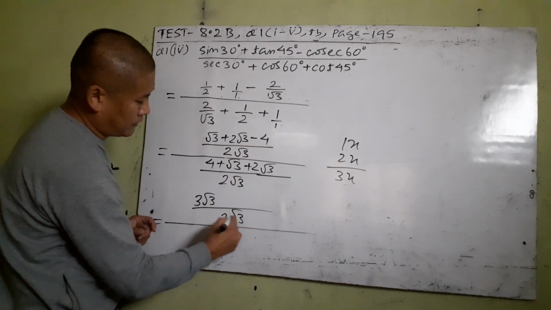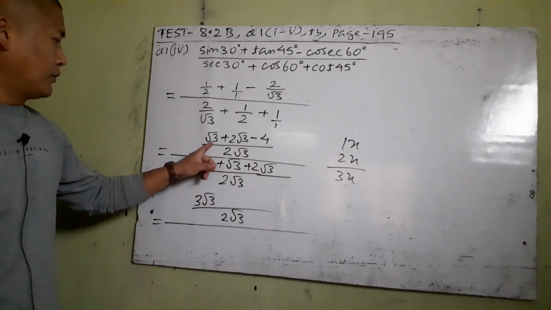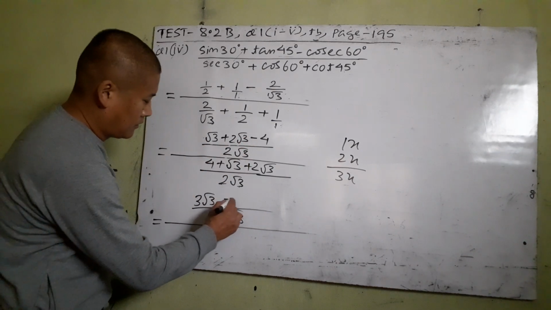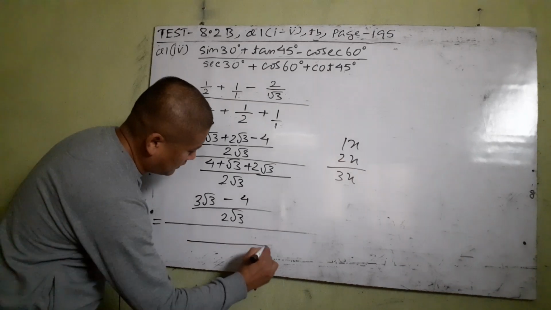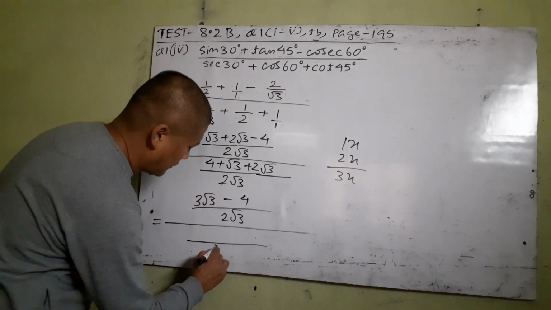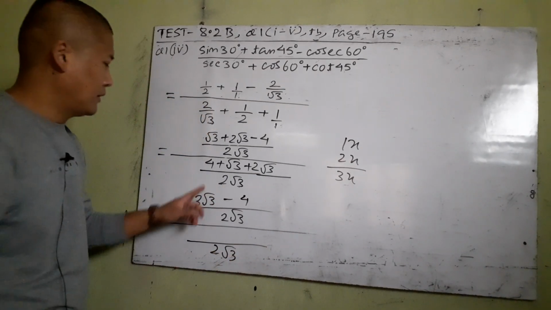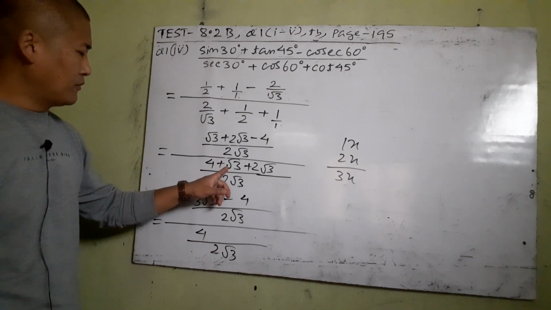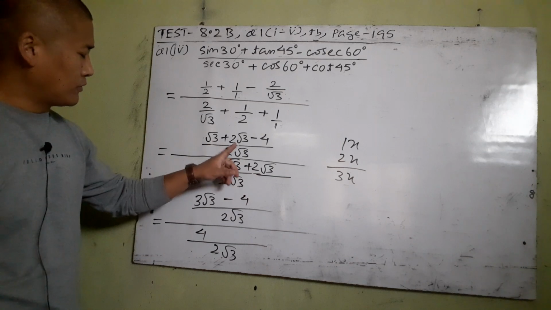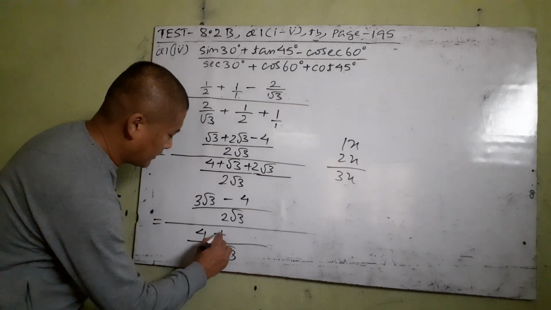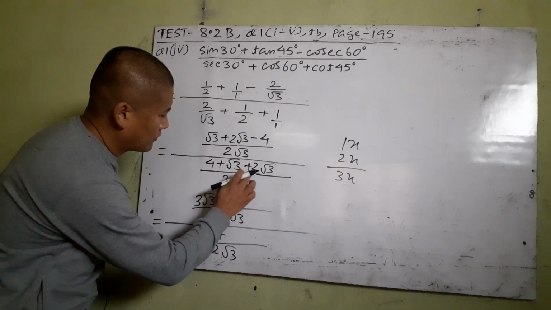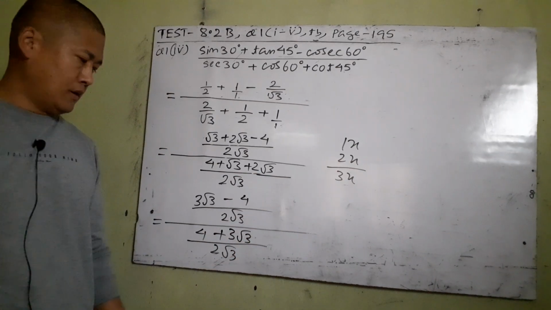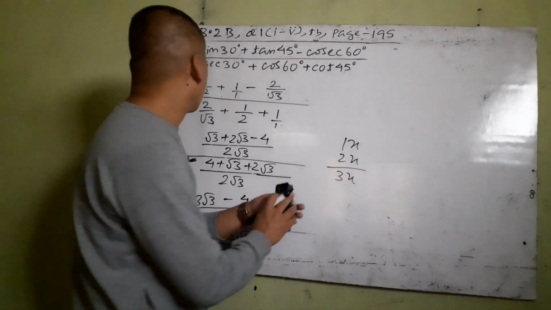Down here is 2 root 3. This 2 is therefore 3 root 3. 1 plus 2, then minus 4. Similarly here, write this one, 2 root 3, and then here 4, we can just write that. Just like this, 1 root 3 plus 2 root 3, here 1 root 3 plus 2 root 3 is 3 root 3. So here also we can write 1 root 3 plus 2 root 3, 3 root 3. Okay, I hope you're getting it.